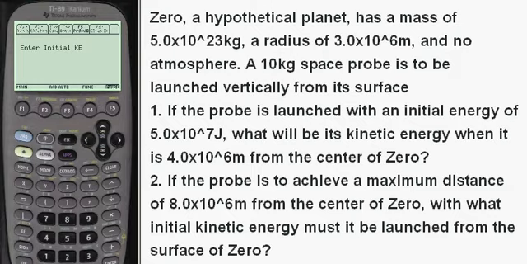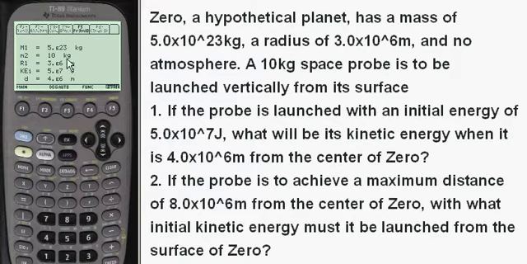It's quicker. And we're going to enter the initial kinetic energy, which is alpha 5 times e to the 7. And we're going to enter the distance that they give, alpha 4 e to the 6, and that's number 4 meters.